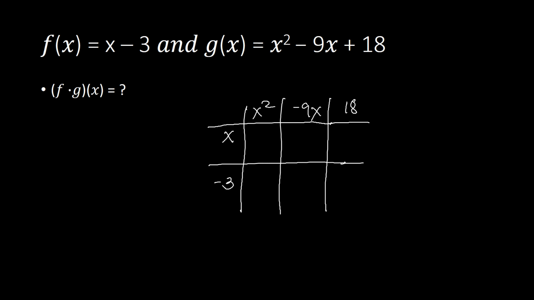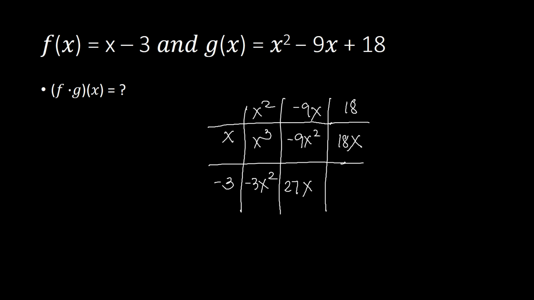So again, multiplying this one, x times x squared, that's x cubed. X times negative 9x, that's negative 9x squared. X times 18, that's 18x. Negative 3 times x squared, that's negative 3x squared. Negative 3 times negative 9x, that's positive 27x.